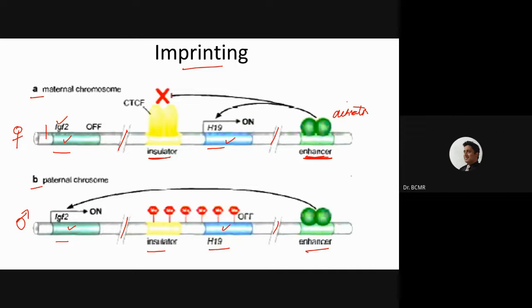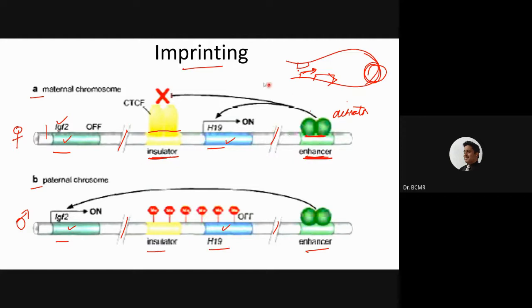By default, the activator that is bound to the enhancer, I hope you remember, has to loop the DNA like this and then activate the transcription from the target genes. If they have to do that, the DNA should loop like this. If the looping is obstructed by any protein binding, then they cannot loop that far. So the proteins that bind to the insulator can prevent the interaction of the enhancer with IGF2.